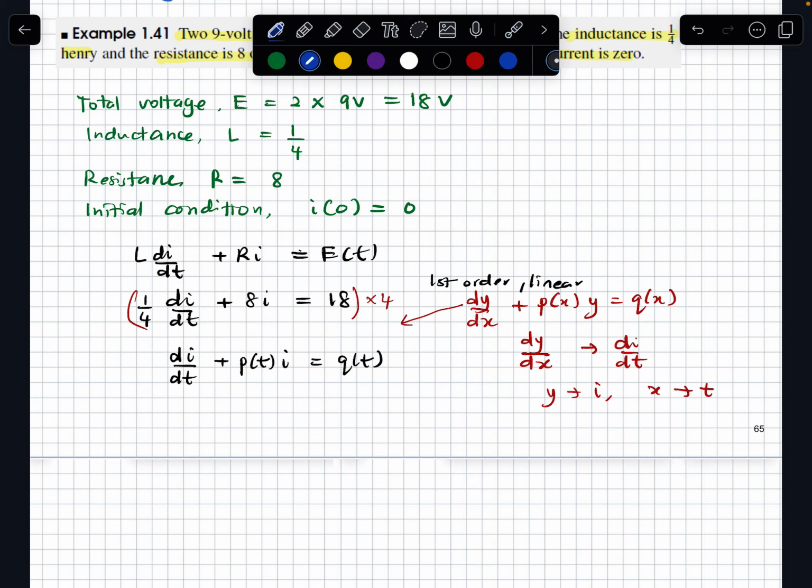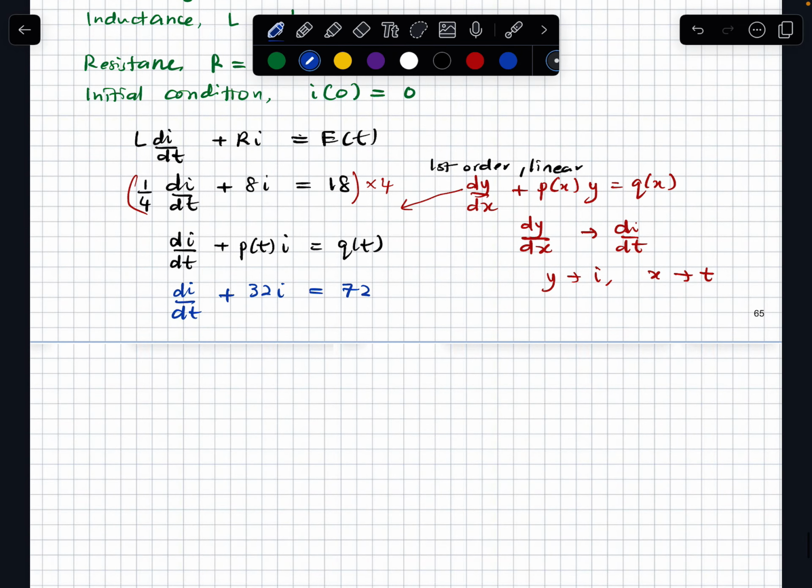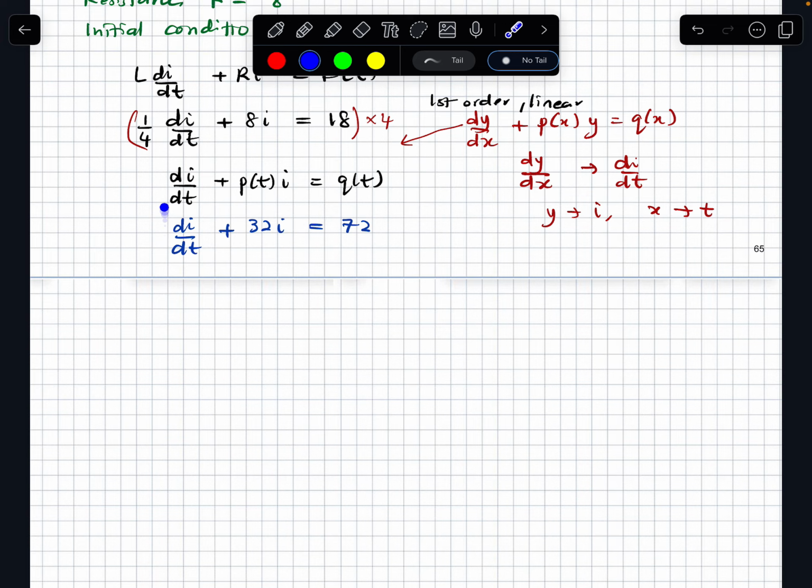So now you obtain di/dt plus 8 times 4, which is 32I, equals 18 times 4, which is 72. Now you can identify p(t) is 32 and q(t) is 72.